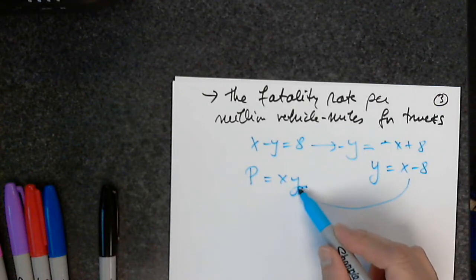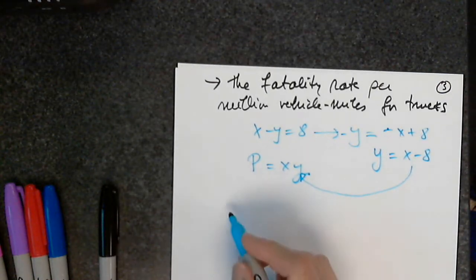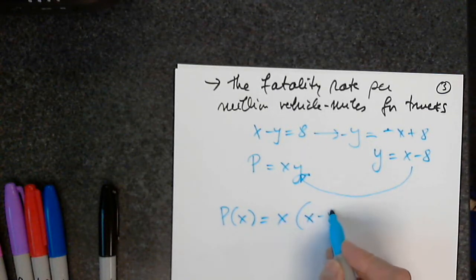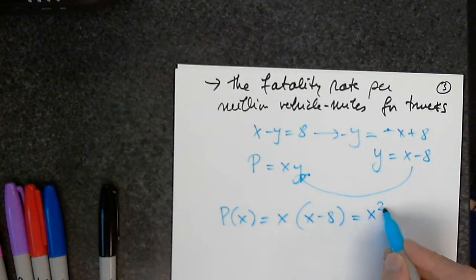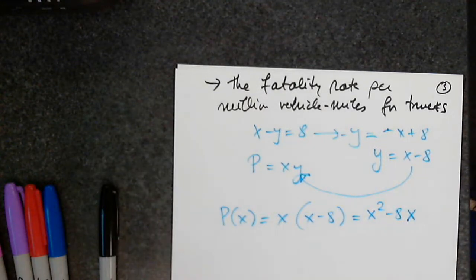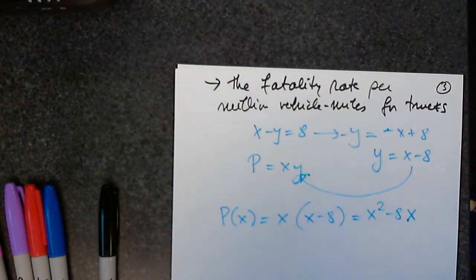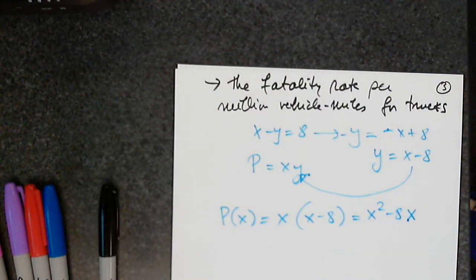And I will replace it in the product function because I want a function with only one variable. Does this function have a max or a min? I'm asked to determine its minimum now.